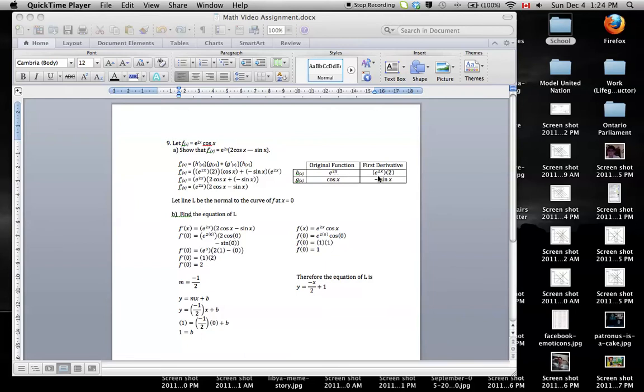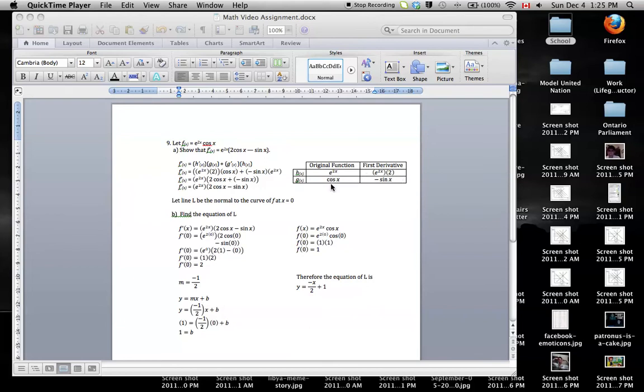So, the first function is e to the power of x, and as we learned in class, e to the power of x is just e to the power of x. We don't change it. But for 2x, which is inside e to the power of x, we get 2. So that's the derivative of our first function.